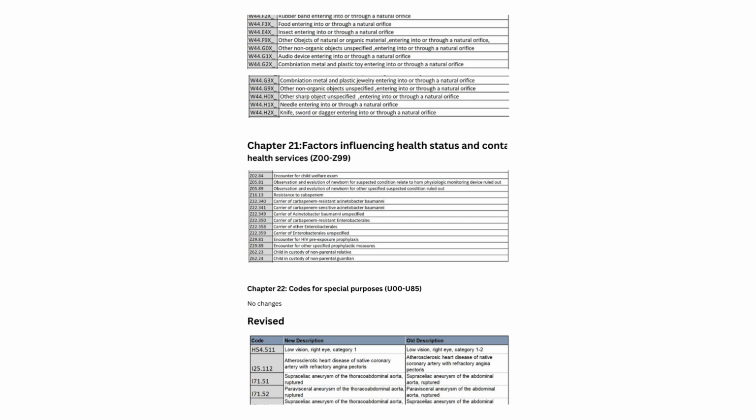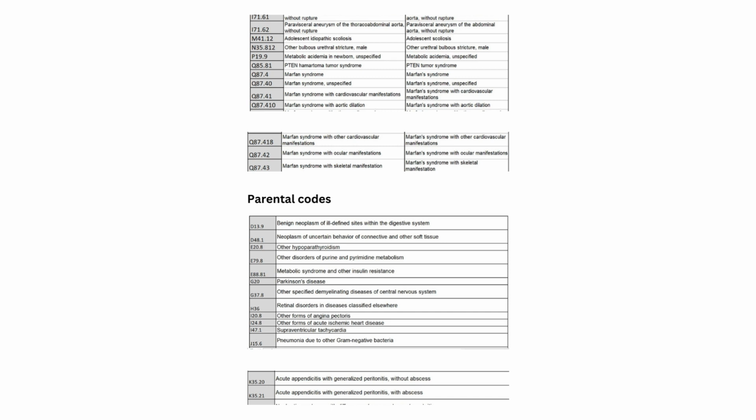Chapter 22. This remains unchanged. Revised codes. Here are the updated codes. The old description is on the right hand column and the new description is on the left hand column. Most of the changes were minor. For example, metabolic acidemia unspecified has been changed to metabolic acidemia in the new one.